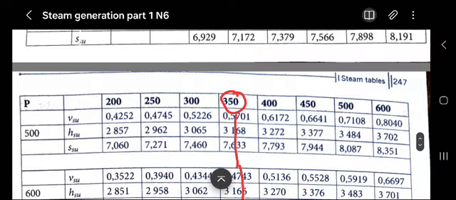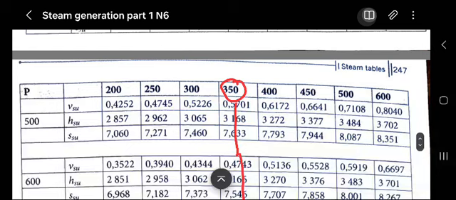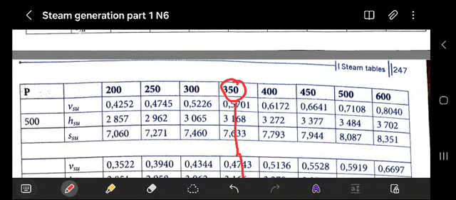It's our superheated steam. 100 kilopascal and 250. Temperature here is 250. Let's check the pressure, 100.